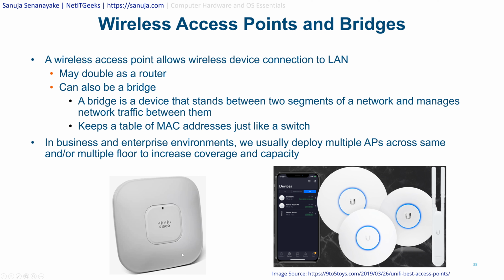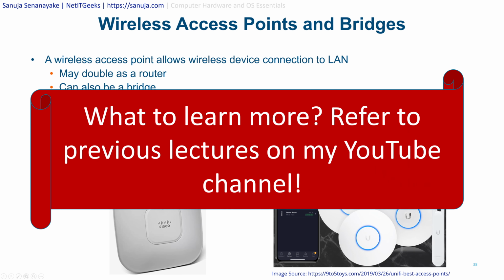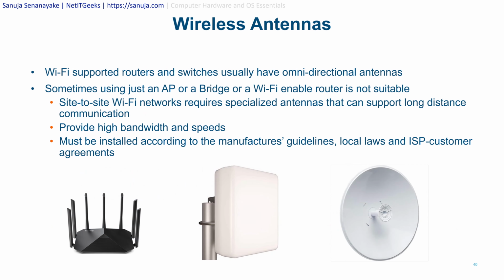These are typically omnidirectional antennas inside those devices. So those are the common type of antennas we have. But sometimes using just an AP or a bridge or a Wi-Fi enabled router is not suitable in all cases, right?